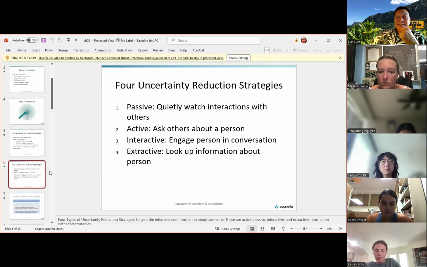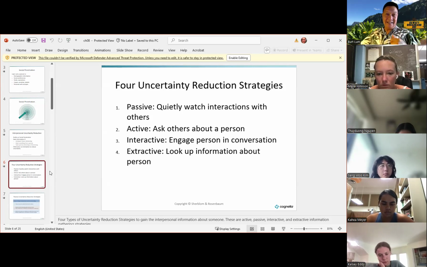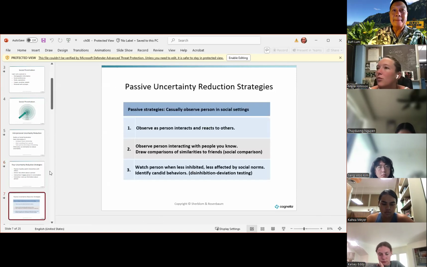You have active, where you ask others about a person. There's interactive, where you engage in conversation, and then extractive, where you look up information about the person.